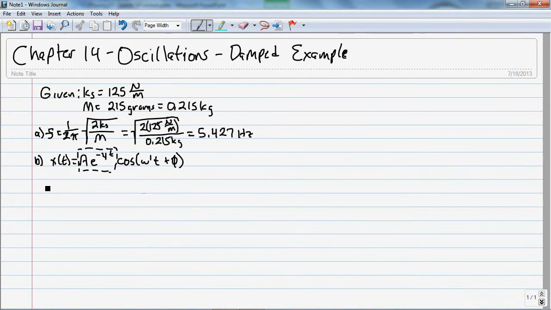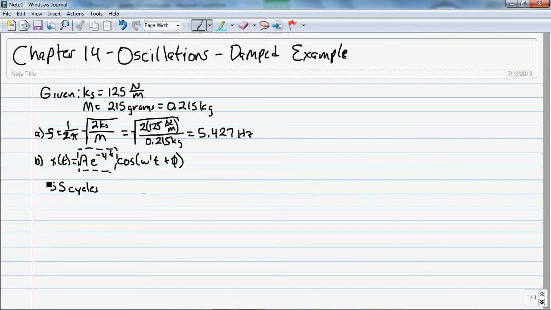So now it says that I have half of the amplitude after 55 oscillations. Well, 55 oscillations, same thing as saying 55 cycles.